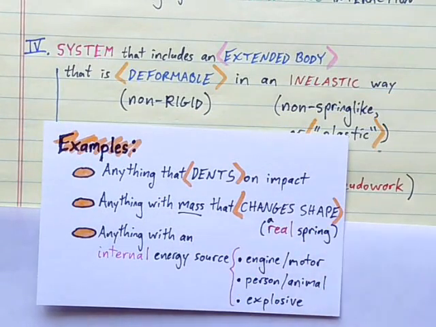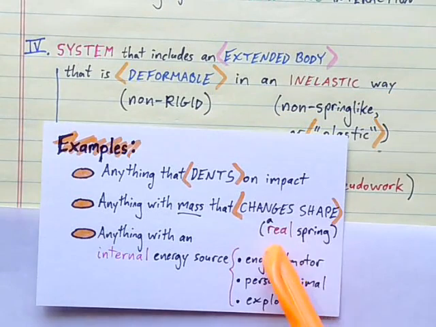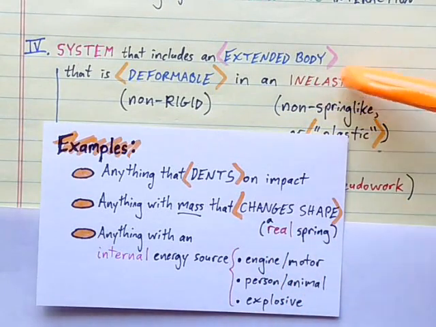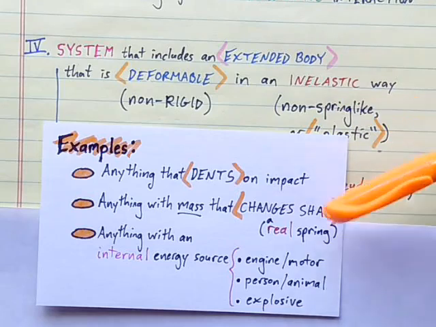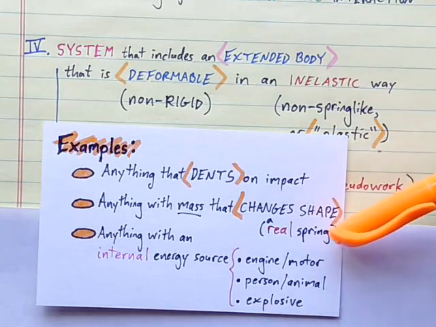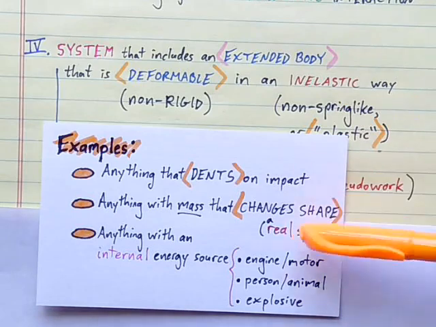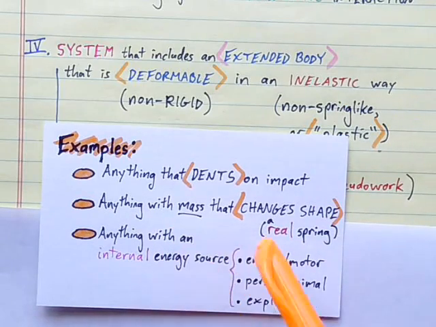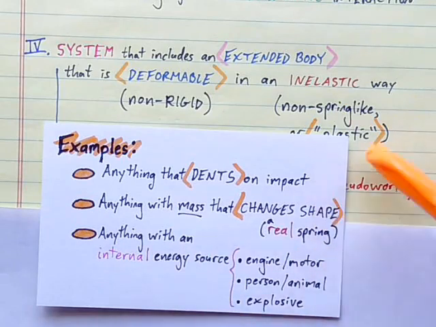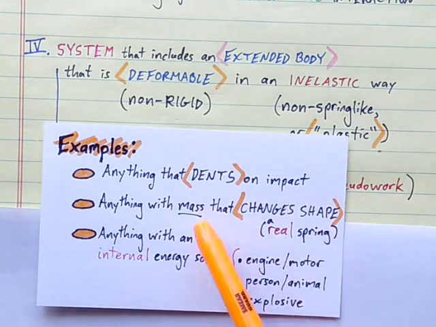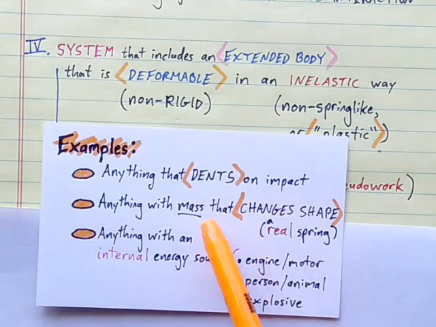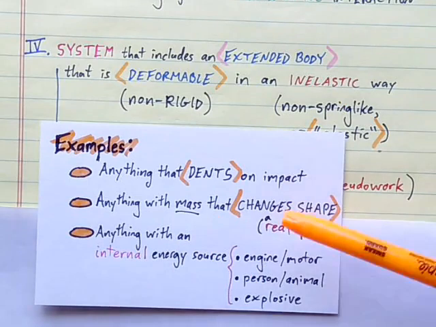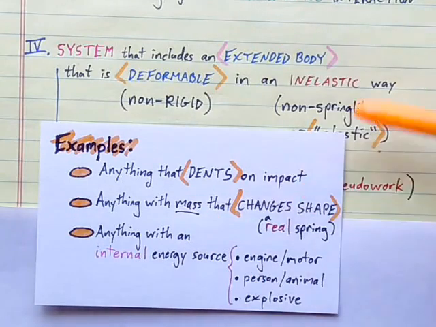So like a real spring, an actual spring that has mass, has some inelasticity to it. And all the springs that we're dealing with at this time, we generally consider ideal springs, which we approximate as massless. So our ideal springs avoid this complication by being massless, but a real spring or any real object that changes shape would be included in this category.